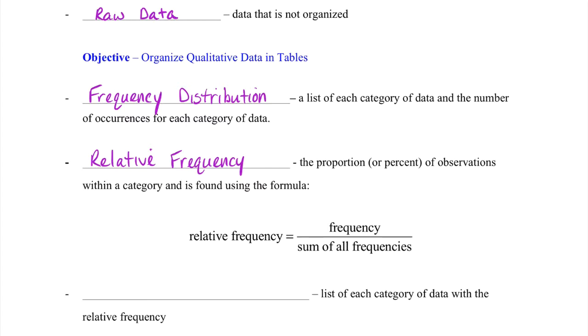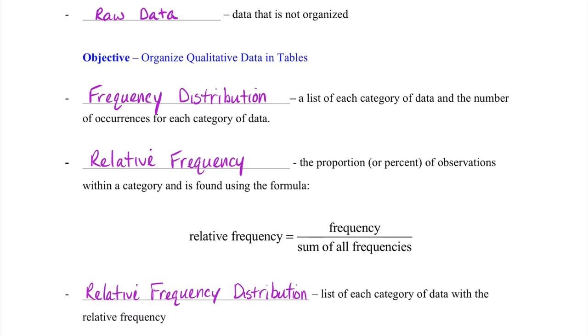Connected to the concept of relative frequency would be our next term, which would be relative frequency distribution. Now this combines the idea of frequency distribution and relative frequencies. A relative frequency distribution makes a list of each category, just like a frequency distribution, but now with the relative frequency for each category.